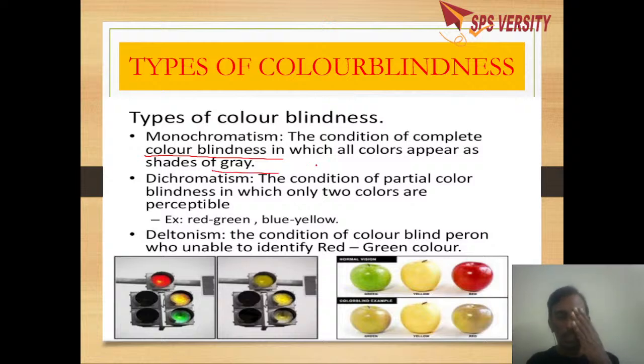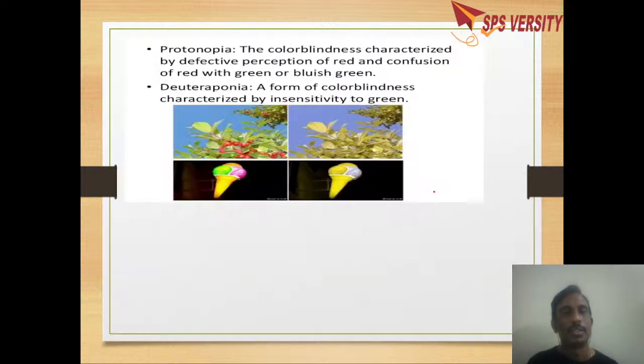But when you come to dichromatism, it is partial blindness where 2 colors are perceived, either red, green or blue, yellow. And there is daltonism, where they cannot identify red and green colors. They cannot differentiate red, green and yellow colors.